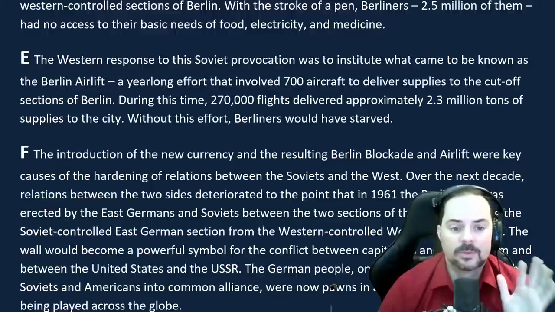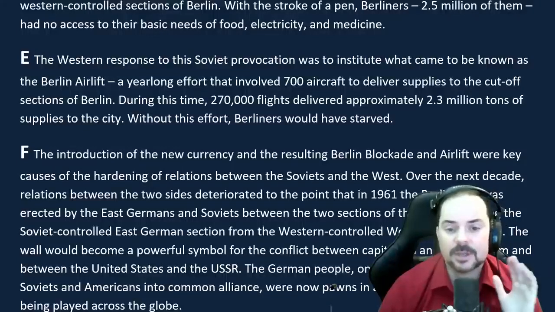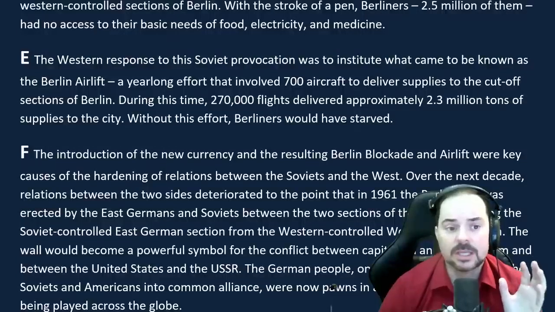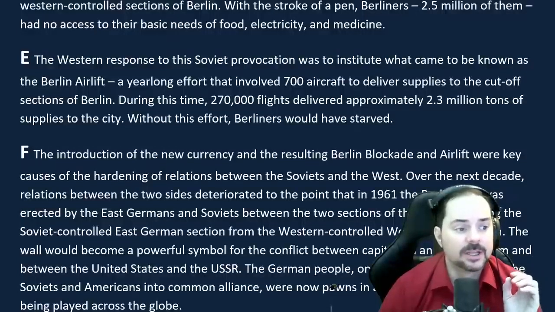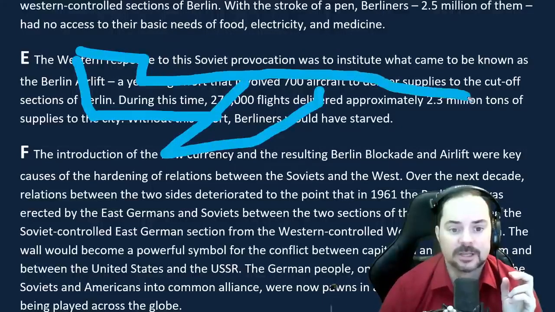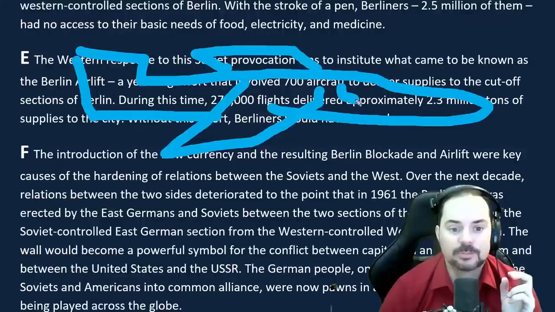Okay, so wait, don't rush, Yanni. This paragraph E is extremely visual. When you read this paragraph in the real IELTS, what you should be seeing is the airplane. And who's flying the airplane? The pilot. Who's the pilot?